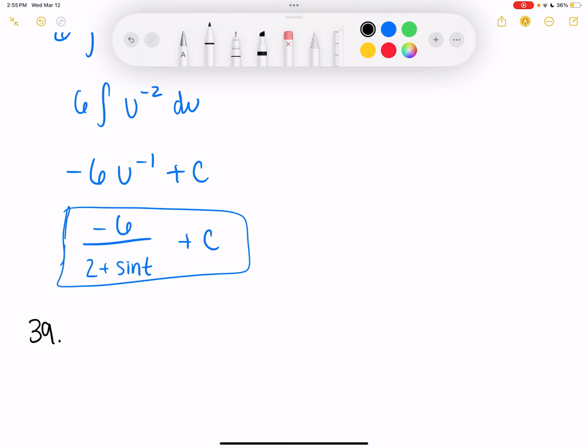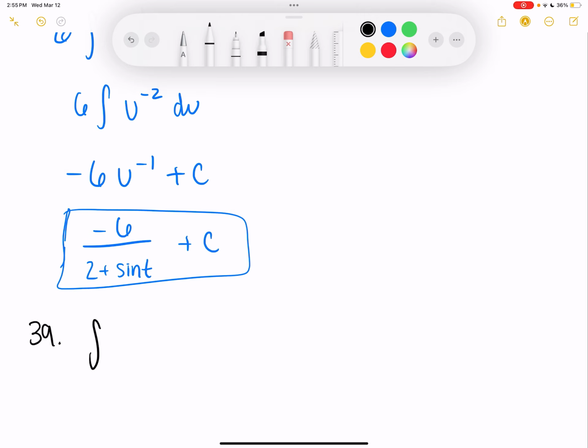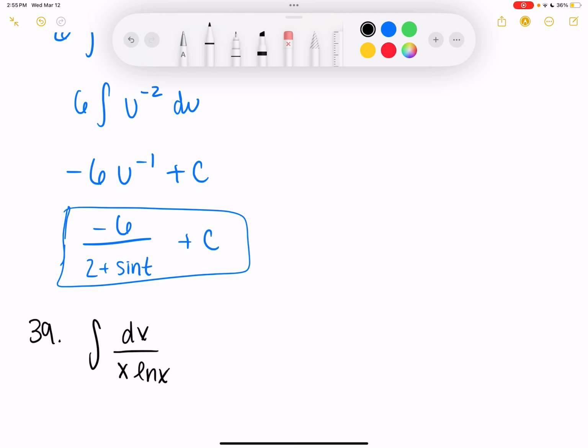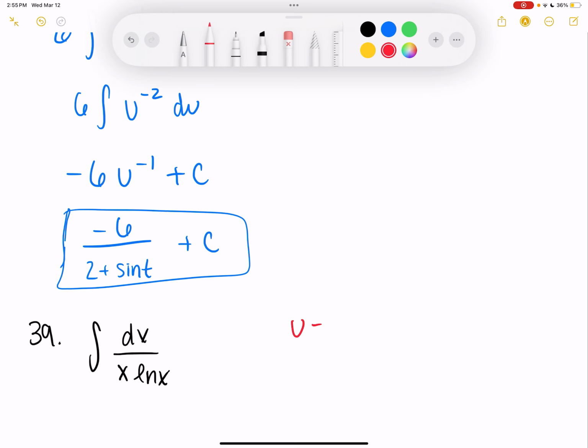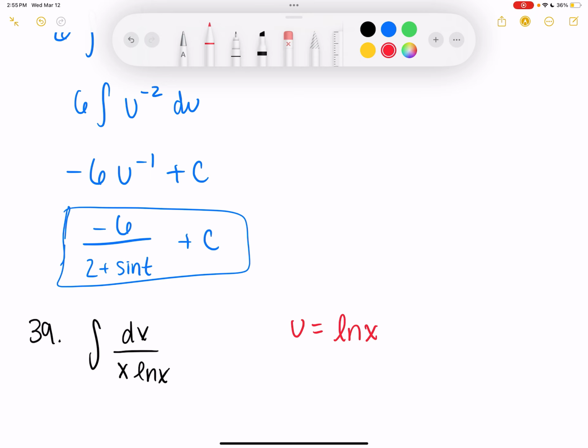No, not the knees. The integral of dx over x ln of x. I'm gonna say ln. Why did you choose ln of x? Because then you're left with 1 over x.